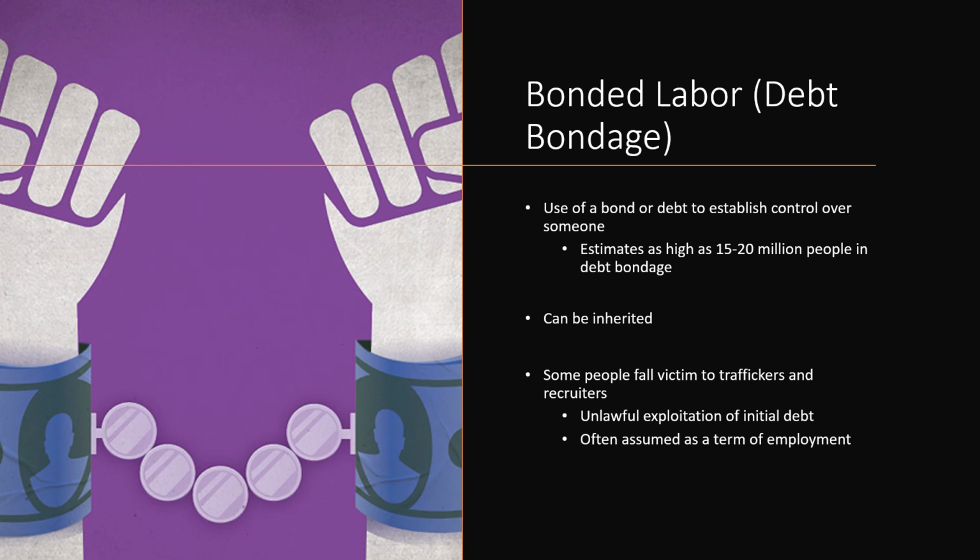This is basically the use of a bond or debt to establish control over someone. Some workers inherit debt. For example, in South Asia, it's estimated that there are millions of bonded laborers working to pay off their ancestors' debt. You can see estimates as high as 15 to 20 million people in debt bondage.